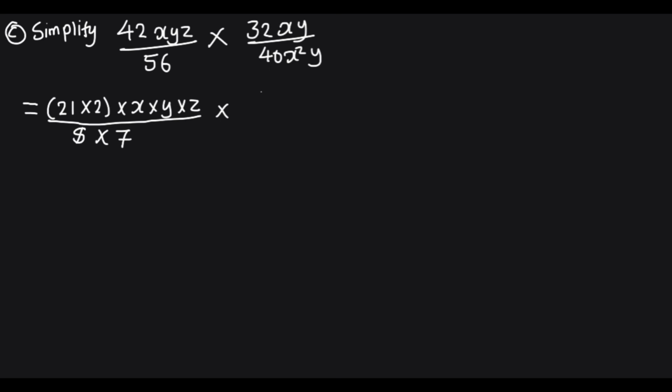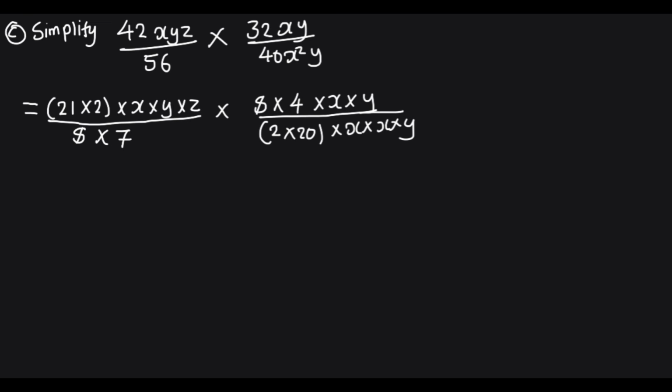Then 32 is the same as 8 times 4 times x times y, over 40, which is the same as 2 times 20, then times x times y, since we have x squared.